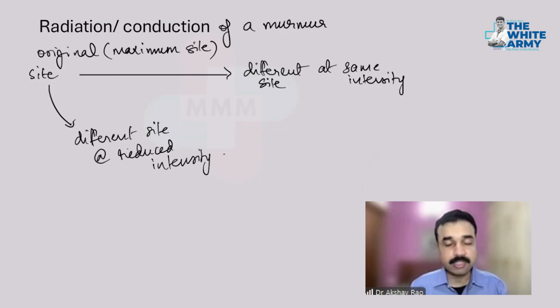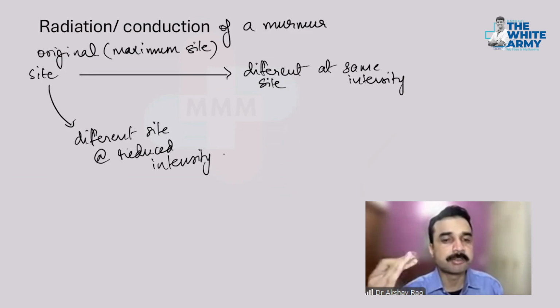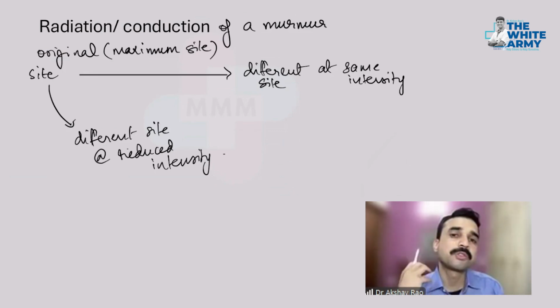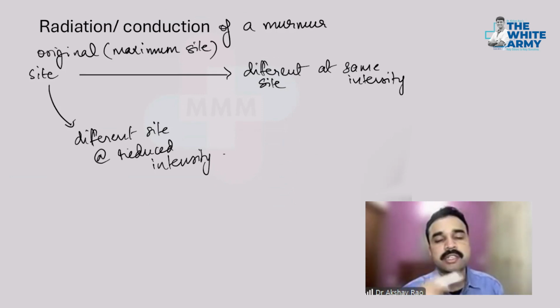So in the example of aortic stenosis, it's a rough rasping type of murmur, best heard in the right second intercostal space, but it may get radiated to both carotids. So if you keep the chest piece of your stethoscope over the carotids, you'll hear the same murmur as you heard in the second right interspace, but you'll hear the same murmur also at a lesser intensity in the mitral area.